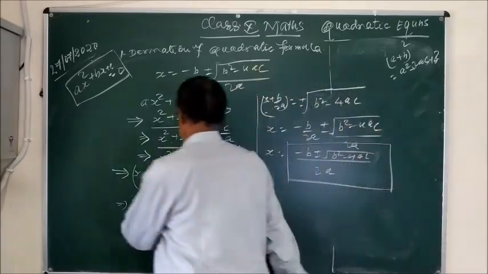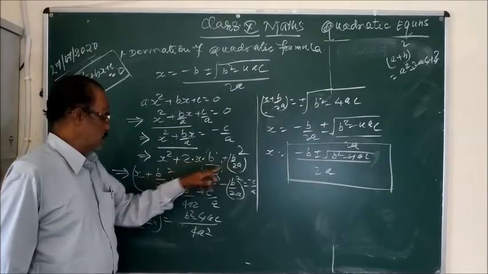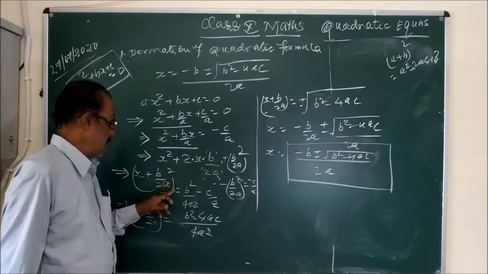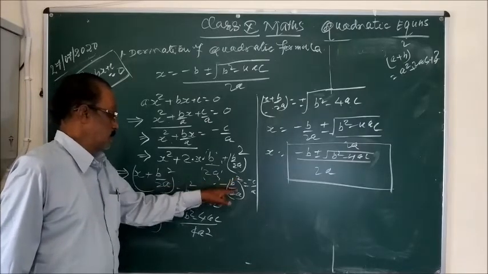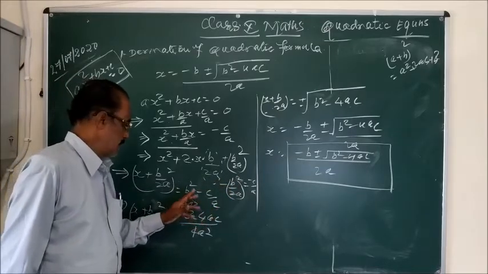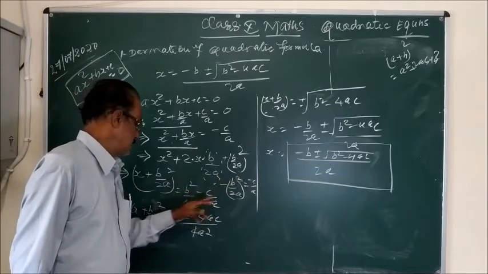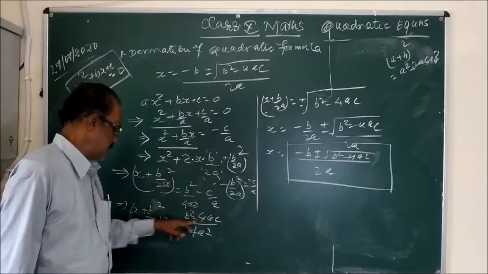Now you see, this is a square plus 2ab plus b square, which is a plus b whole square. And now you make it a square, b square by 4a square. On transferring, minus will be plus, and we have already transferred minus c by a, with the LCM.